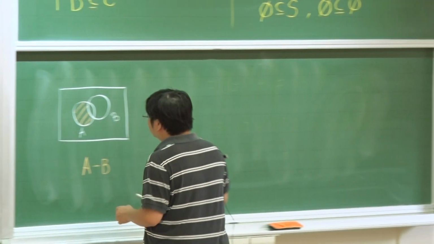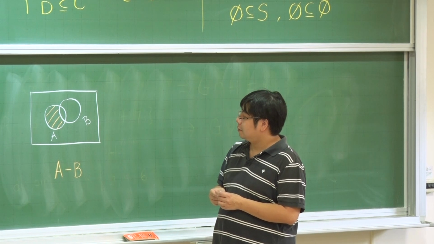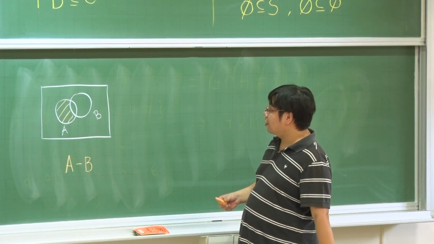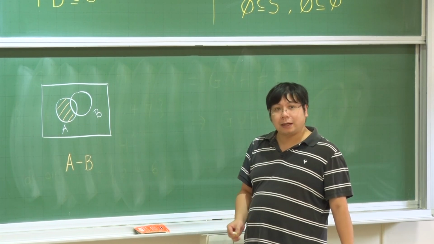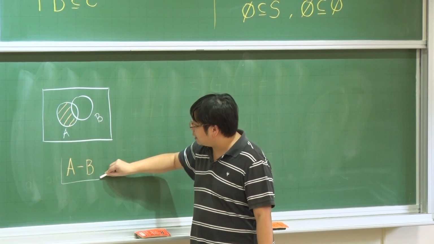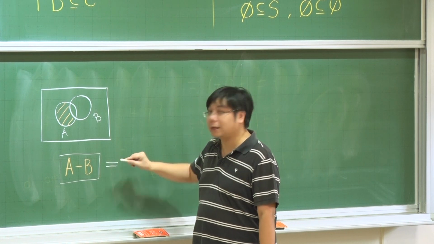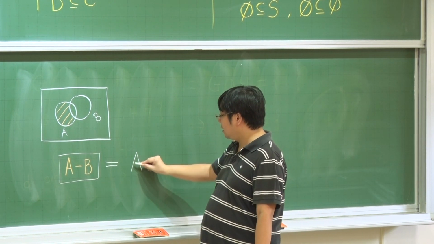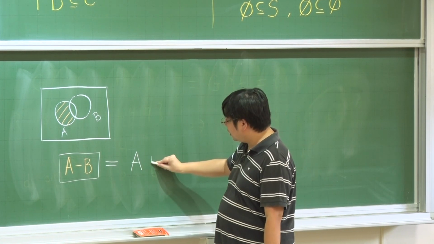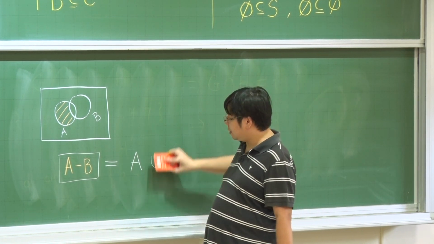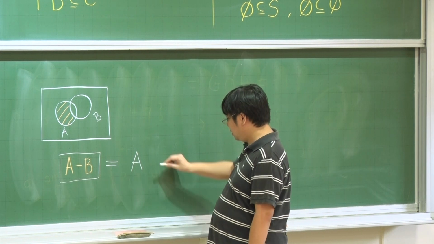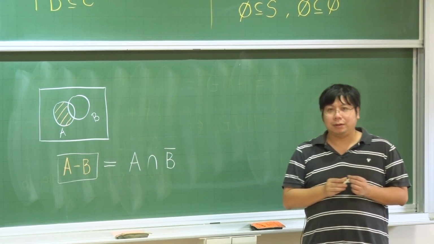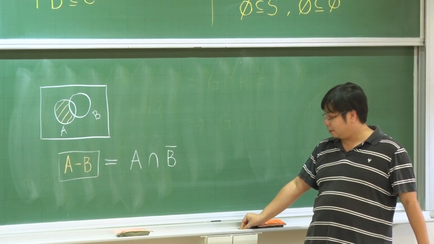So how do we get it? Let's take a look. I'm claiming that A minus B is exactly equal to, always equal to, you take A at the beginning, and then you intersect the complement of B. Well, this looks very complicated, but let's see.